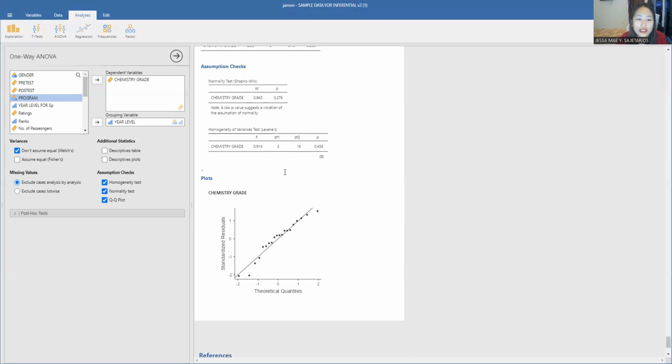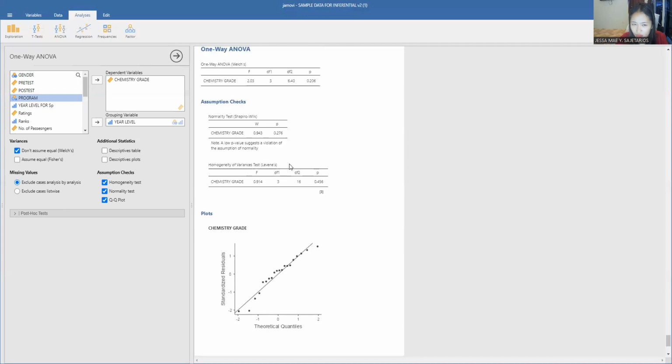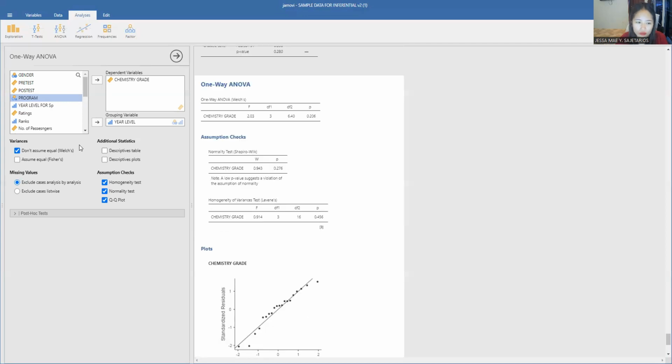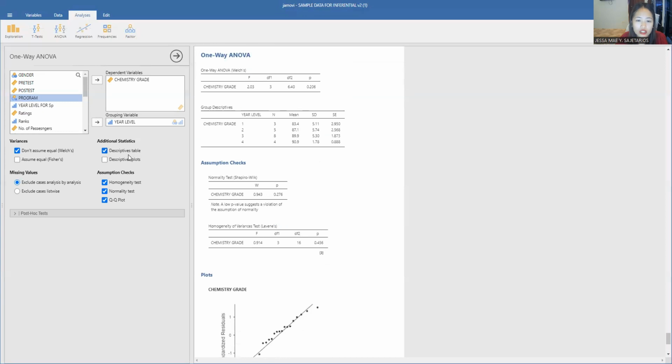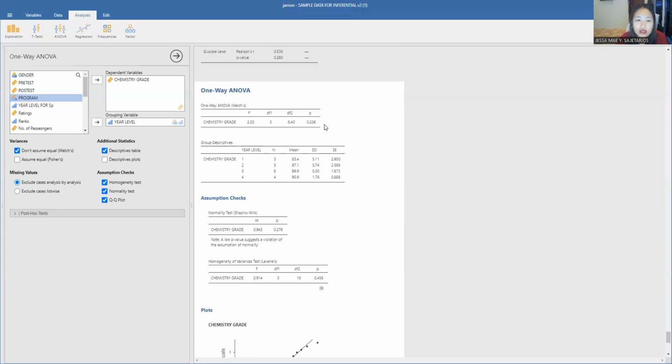So now, we'll see na the result of our one-way ANOVA. But if we want to check all the descriptive, like the mean, standard deviation, and other information that you might need, you can check here, descriptive table. Going back to the result, so as you can see here, the p-value is 0.206.